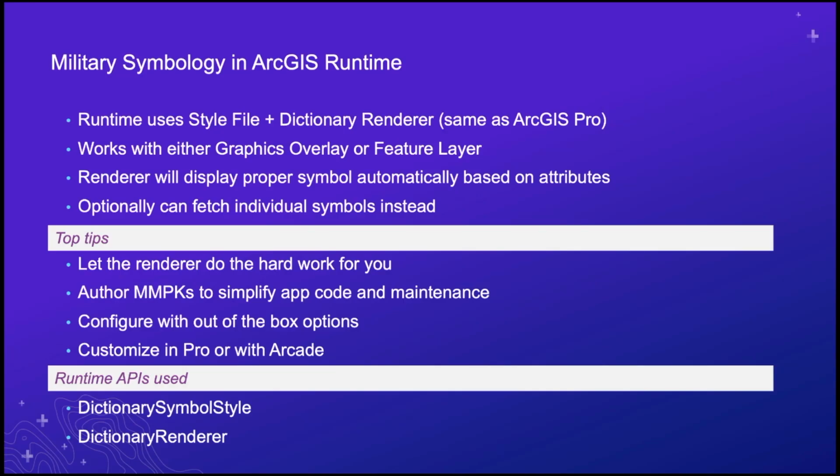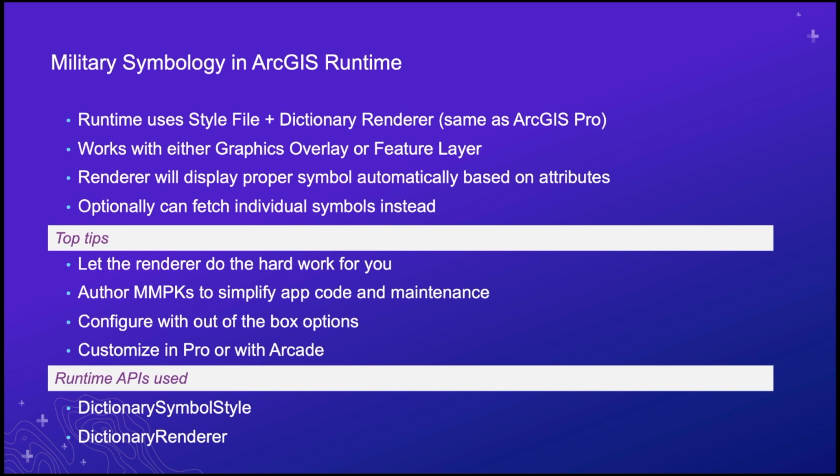Let's take a look at how military symbology comes to life in ArcGIS Runtime. The first important thing to know is that Runtime uses the same style files and dictionary renderer that are used in ArcGIS Pro, so the workflow is largely the same. Dictionary renderers can be displayed with either graphics overlays or feature layers, which means it can work for your temporary data coming in through real-time feeds or your persisted data.